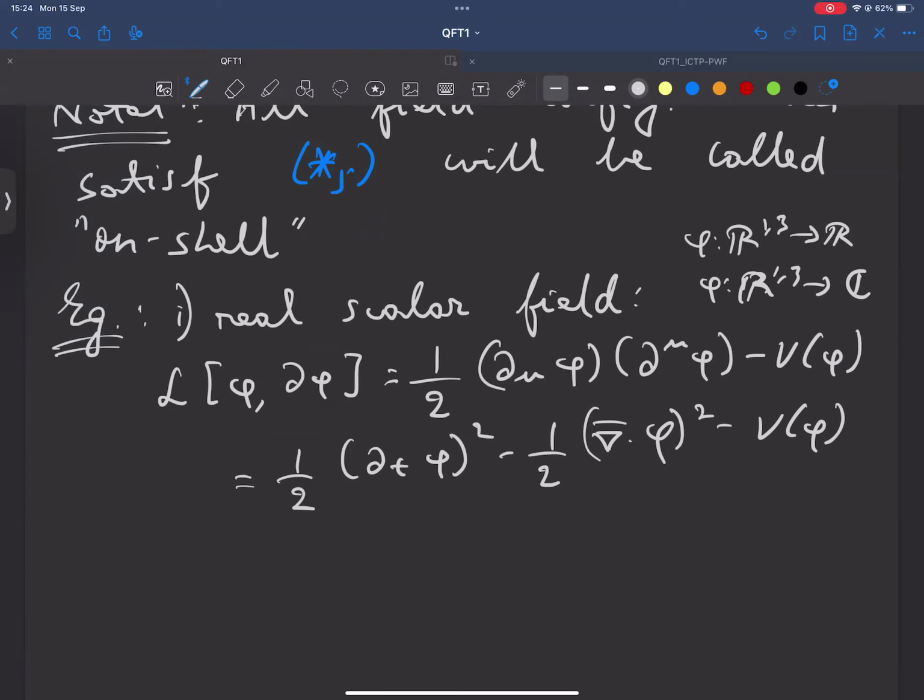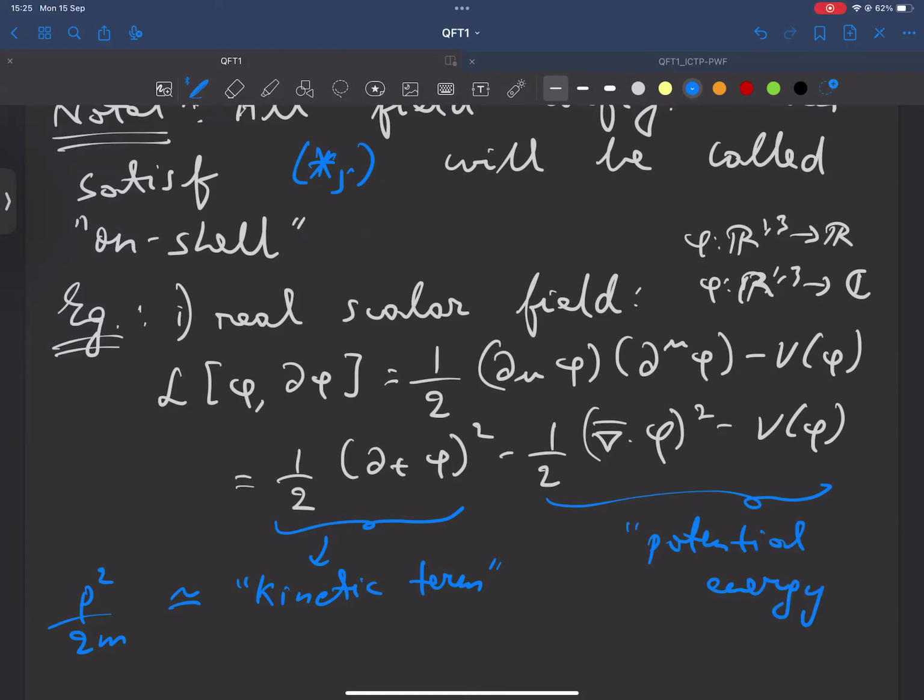And so now if you want to connect it to usual classical physics, this can be seen as a kinetic piece. This is a kinetic term because it involves the time derivative. So this is in some sense like a p squared over 2m term. And this whole thing is, if you like, the potential energy.